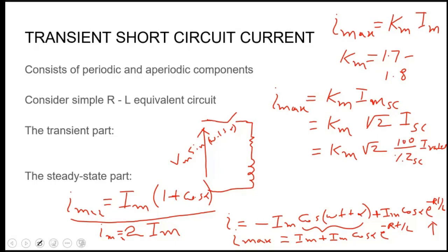If you take 1 as the per unit base, then you use 1 by per unit ZSC. Otherwise, you use 100 by percentage ZSC. If you have the per unit value of ZSC, multiply it by 100 and you get percentage ZSC. So this is the maximum current during short circuit.